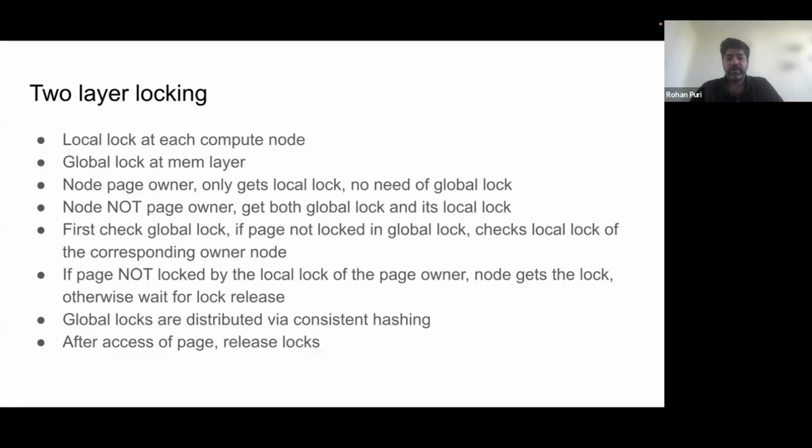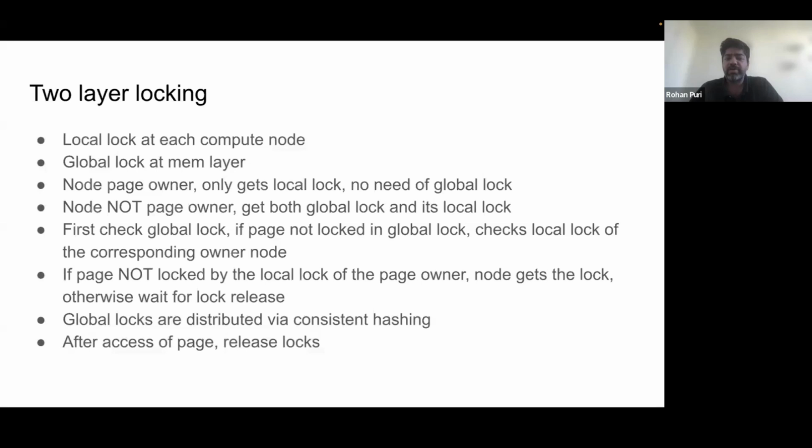And the way you do it is, you first check the global lock that is there at the memory node. If the page was not locked in the global lock, you need to check the local lock of the corresponding page owner node. And if the page was not locked by the local lock of the page owner, the node gets the lock, otherwise it waits for the lock.